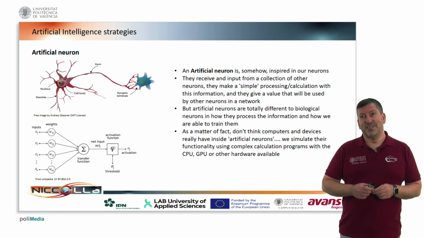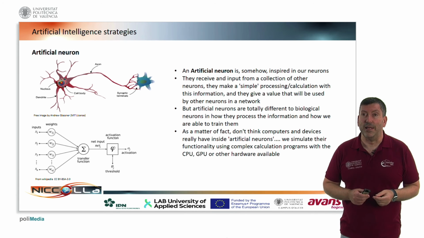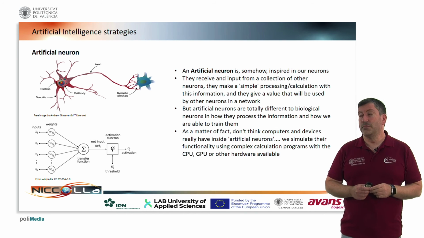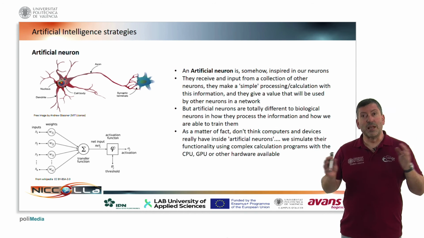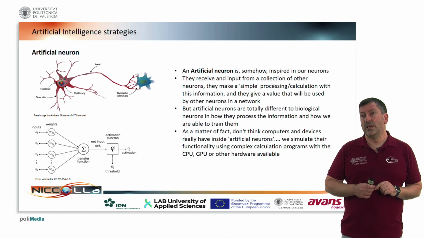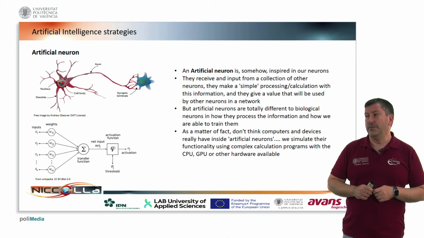These pixels, these numerical values, are going to be multiplied by weights, by some numbers. They are going to be summed, and then a very simple mathematical function is going to be applied, and this is going to be the result this neuron gives, okay?